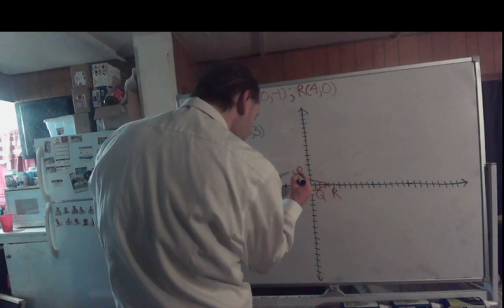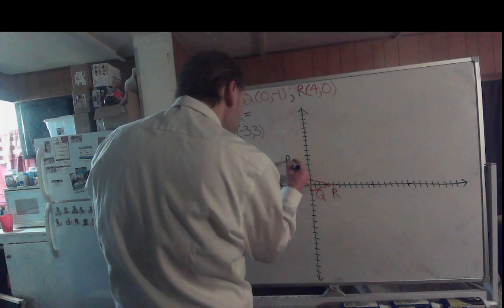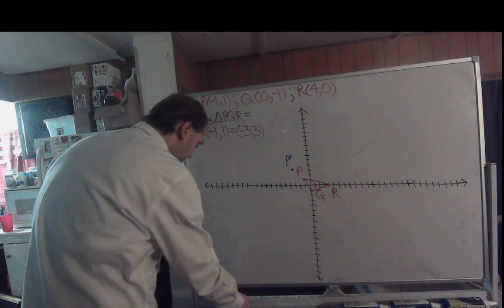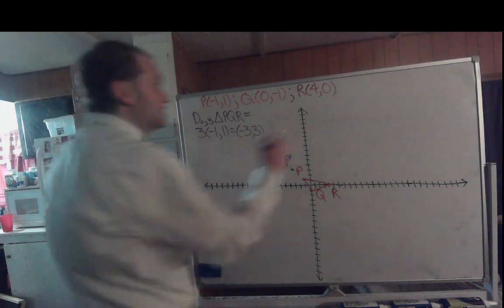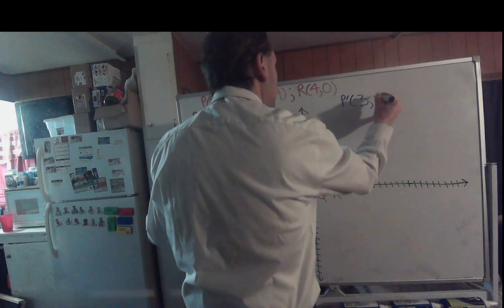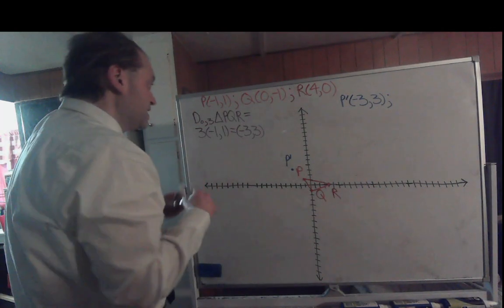at (-3, 3). So there's my P prime at (-3, 3). In fact, why don't I list that over here? So P prime would be at (-3, 3). Now let's find Q prime.